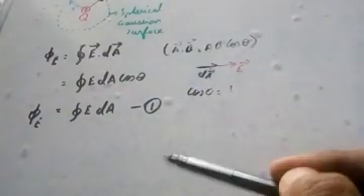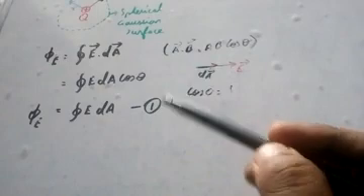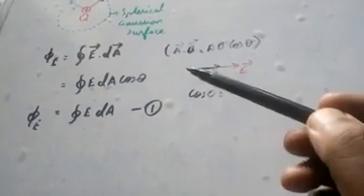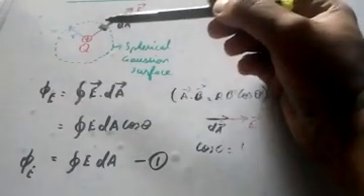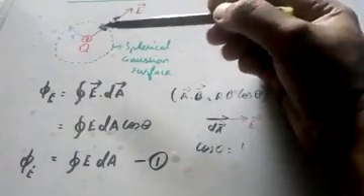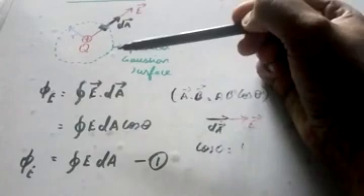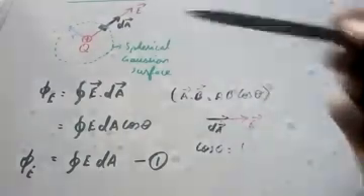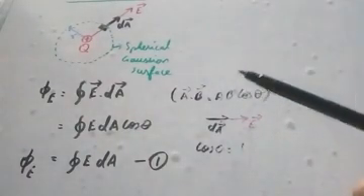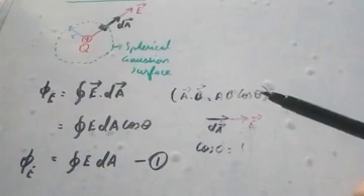Now let us see what will happen to the electric field. The electric field is in all directions, so it is constant here. It's also uniform, so we can take the electric field outside.